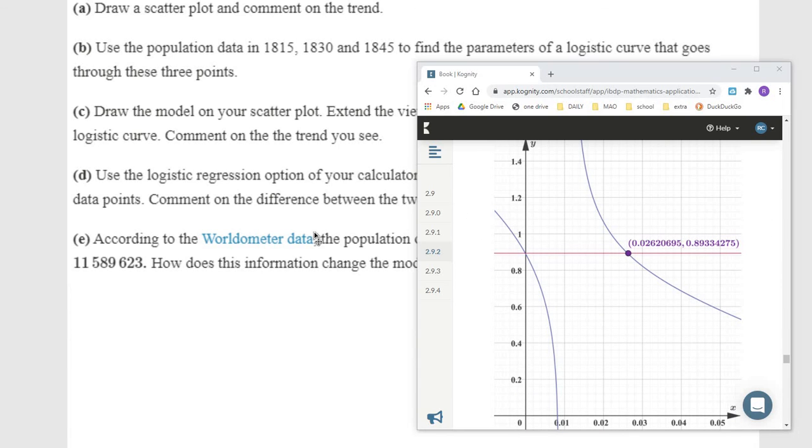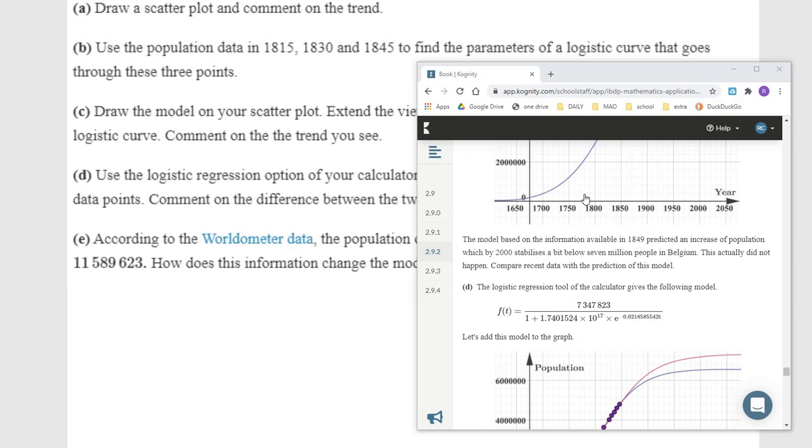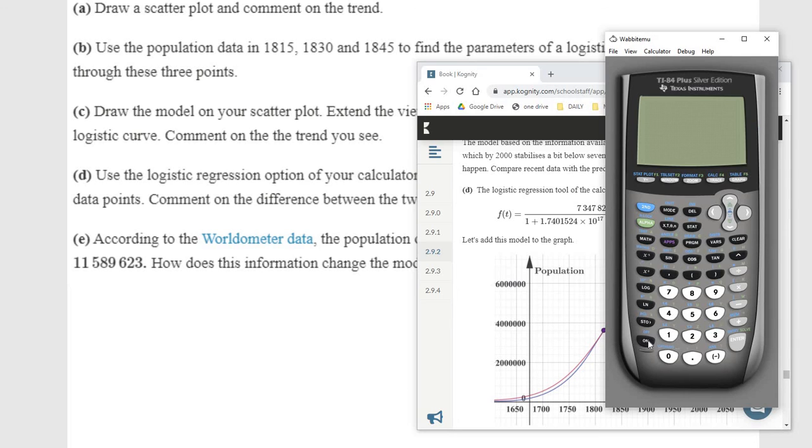All right, so then using the logistic regression option on your calculator, to do that on the calculator, we would use that stat function. So the logistic, yeah, it would be the logistic one.